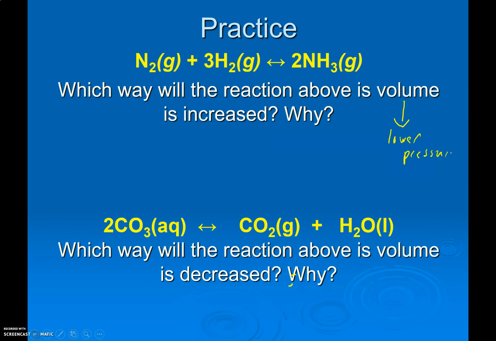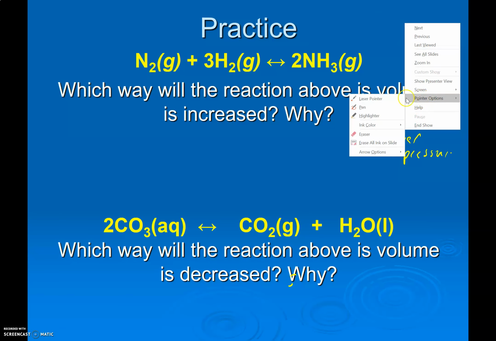To increase the pressure, the reaction is going to shift towards the side that has more gas particles.